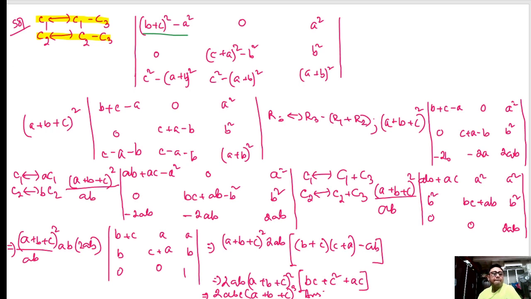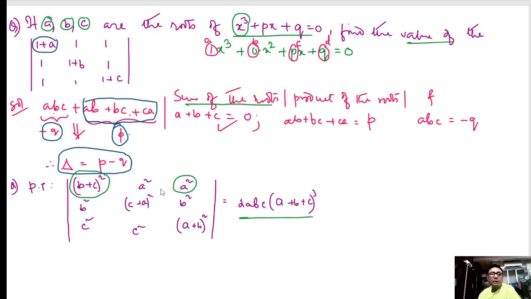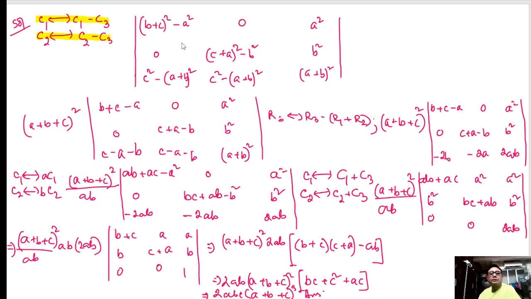Similarly, C1 minus C3, which is 0, this minus this. Okay. So we will put the values in this column. Next we will do C2 minus C3.